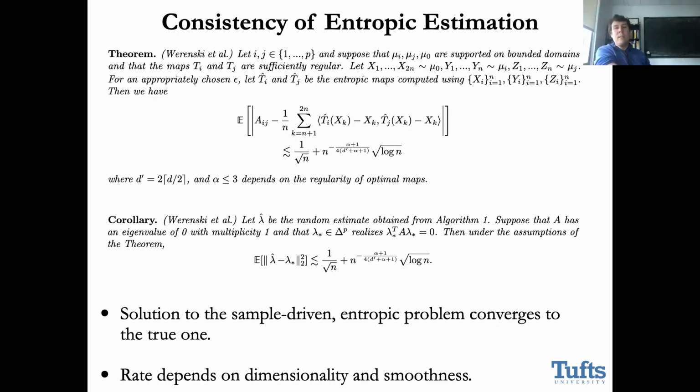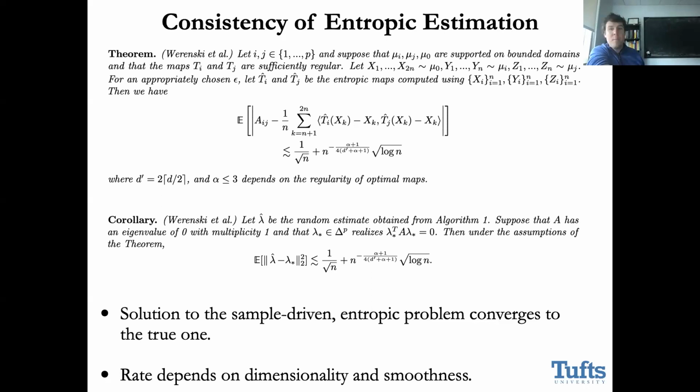Does it work? Does it give you a good estimate for the coefficients? The answer is yes, but. This theorem just says the expected error between the true matrix element A and the estimate using the entropic map goes to 0 as n goes to infinity, so it's consistent. What rate? The first term on the right-hand side would be awesome, that would be a parametric rate.